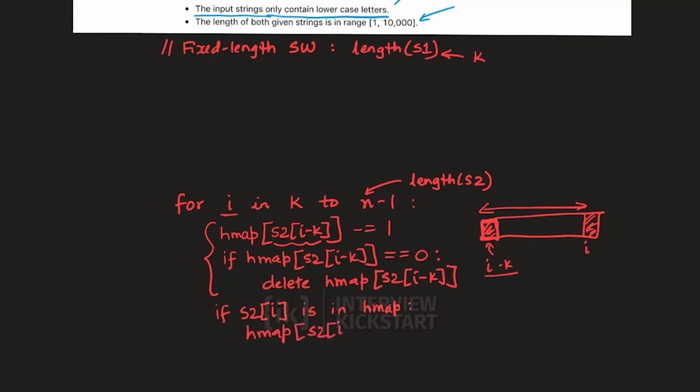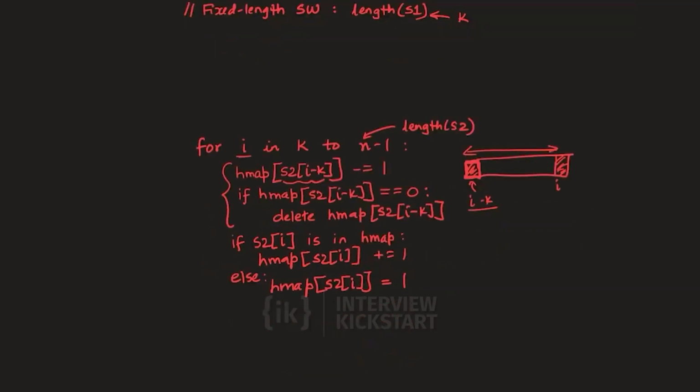So hmap of S2 of I has to be increased by 1. Otherwise, if it doesn't exist in the hash table, we have to add it to the hash table with a frequency value of 1. So what we have done here is added the rightmost element, and now our hash table is updated.